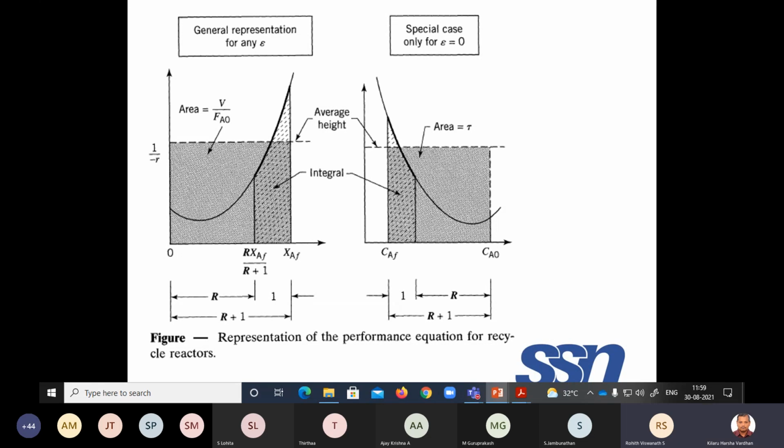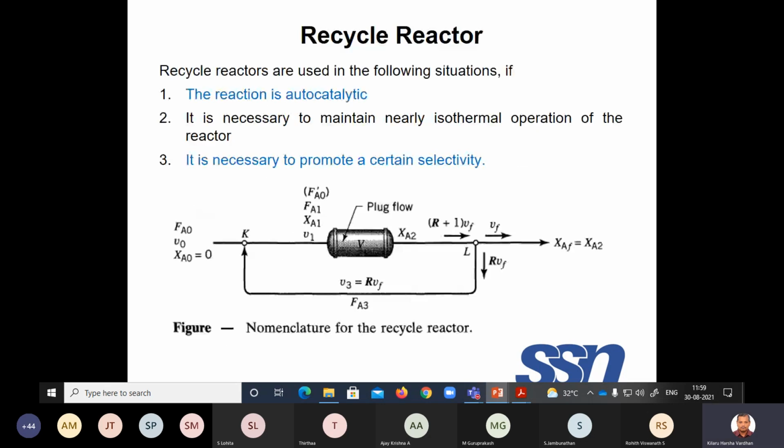Here one important thing is that in a recycle reactor, we are assuming it is plug flow initially. So the initial thing is plug flow, and then we are introducing a recycle stream. Therefore, the plug flow changes to recycle, because in plug flow there is no mixing, whereas in a recycle reactor there is mixing involved.